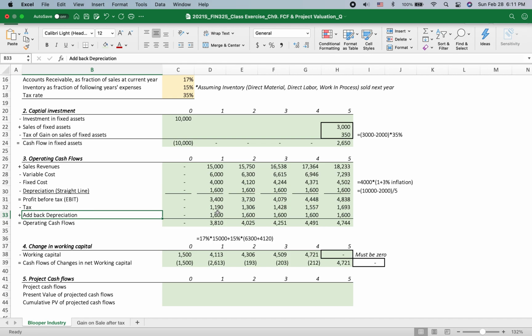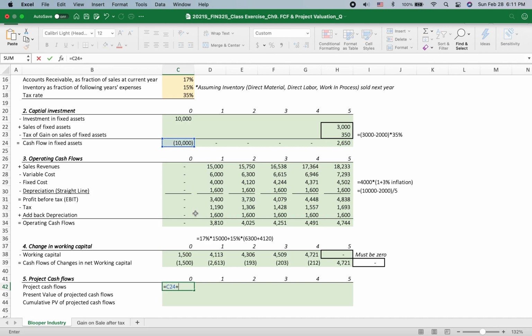And then add back depreciation, one big part of the cash flow, because depreciation is not actual cash out. So we got the operating cash flow, and then the working capital, only incremental changes. So let's sum up these three element cash flows: fixed asset, operating cash flow, and cash flow of changes in working capital. Then let's drag. So we got all these cash flows.